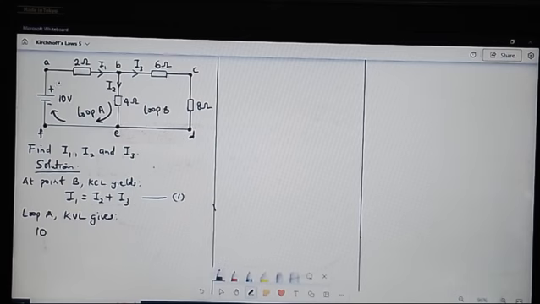Coming to this point, the potential drop, if we check the current passing through this 2 ohm resistor, is in the same direction. I1 is in the same direction as the assigned direction we chose. So the potential drop here is going to be negative. So we say minus 2I1.